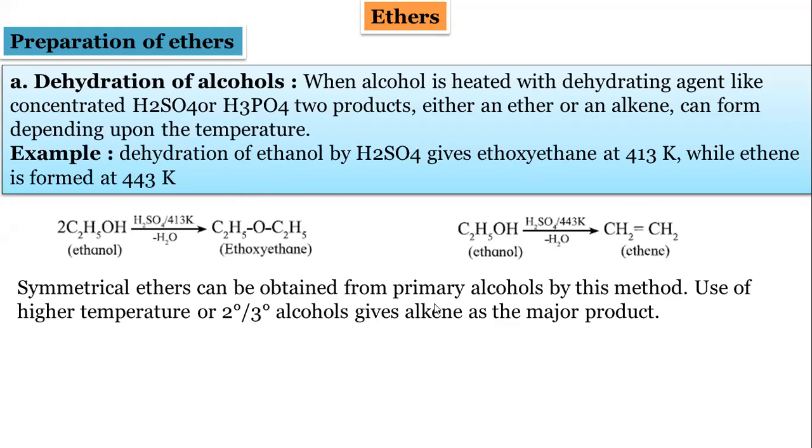Symmetrical ethers can be obtained from primary alcohols by this method. Use of higher temperature or secondary and tertiary alcohols gives alkenes as the major products. Remember, when the temperature is increased, we get alkenes. So the temperature must be 413 K, then we get the ethers.